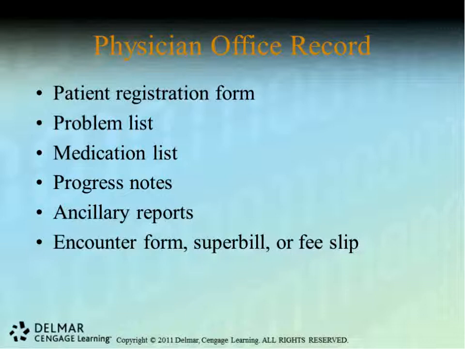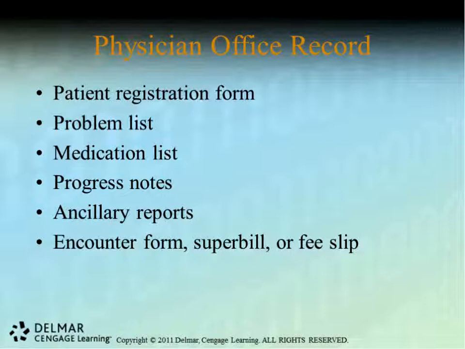If you look at Figure 632A, page 192, this is an example of a patient registration form. Figure 632B is an example of a problem list, and we actually talked about problem lists before. Figure 632C on page 194 is the medication list for a physician office record.